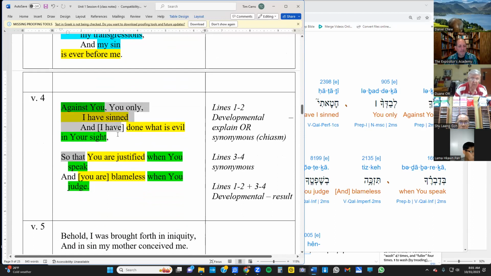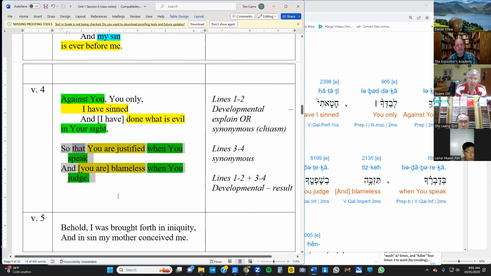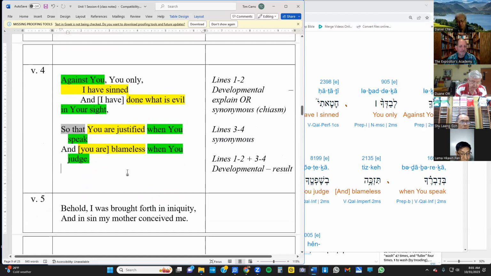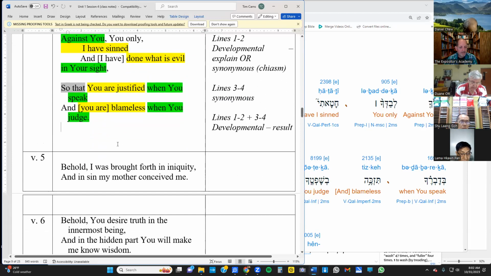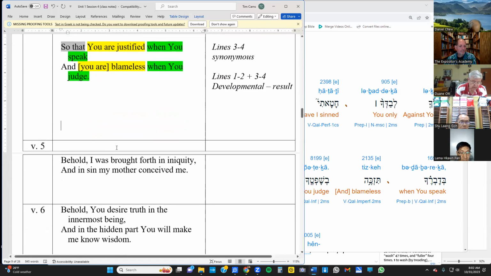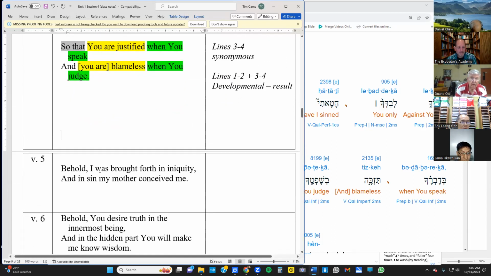And the first 2 lines are a chiasm, the second 2 are not. But the second 2 are related. They're also synonymous, and they're related to the first 2 through the result. Now notice when we get to verse 5, he's back to 2 lines. See that? Line 1, line 2. And by the way, we'll notice he's back to his pattern from the first few verses.